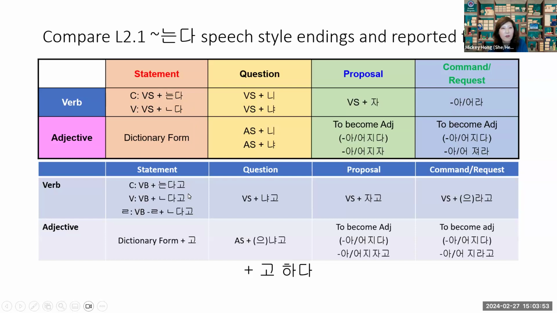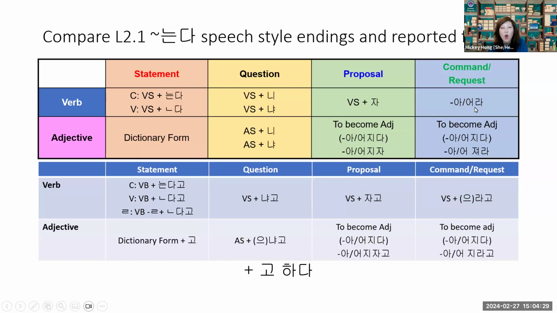See how it's the same for statements: 는다고, ㄴ다고, and the dictionary form plus 고 for adjectives. The same irregulars would apply. And a question can be either 니 or 냐 at the end. 냐 is a little archaic, but still okay. When making them into reporting, 냐고, 으냐고 해요. For proposals, 자고 해요.